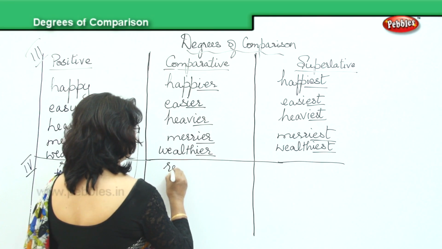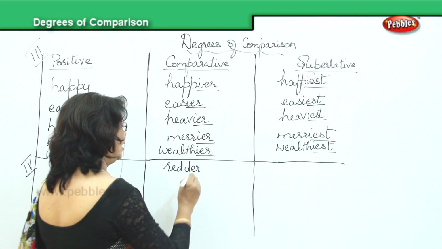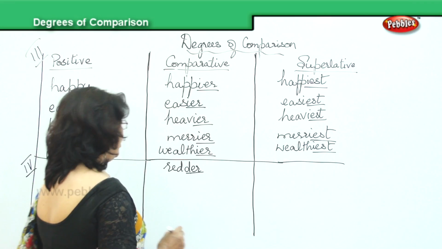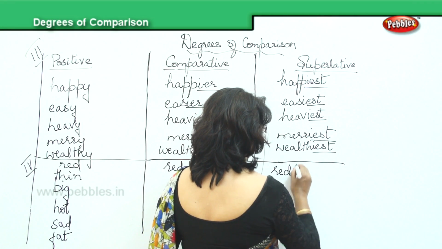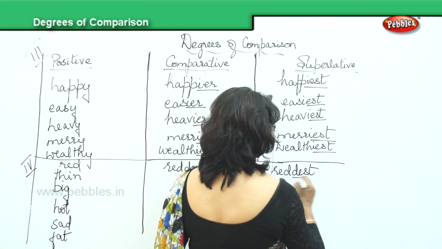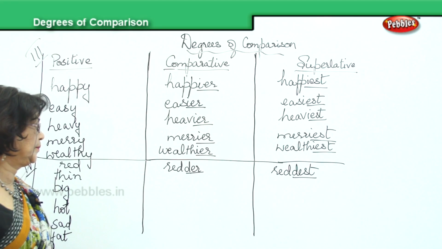Red, we add one more D and then ER. Okay, red, redder, reddest. See, the last consonant is doubled.